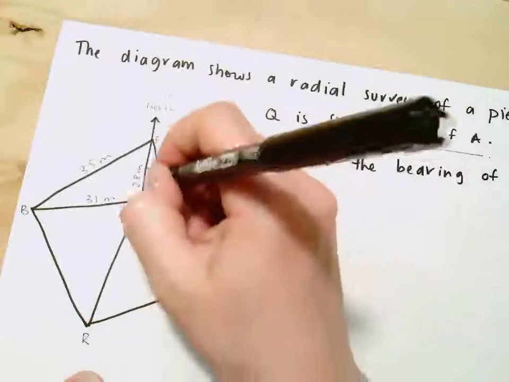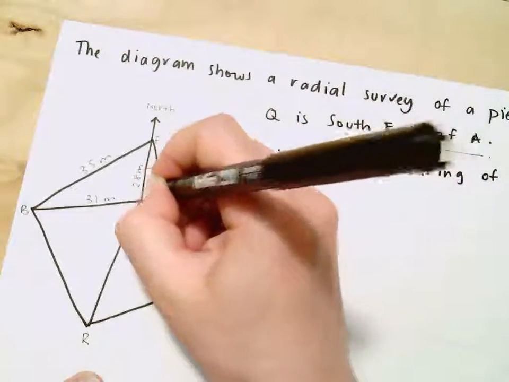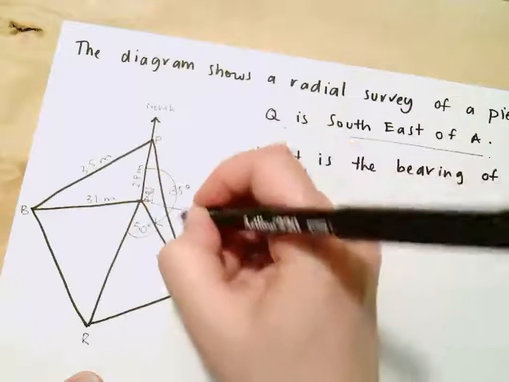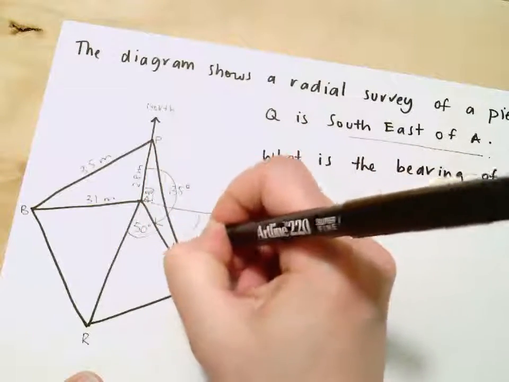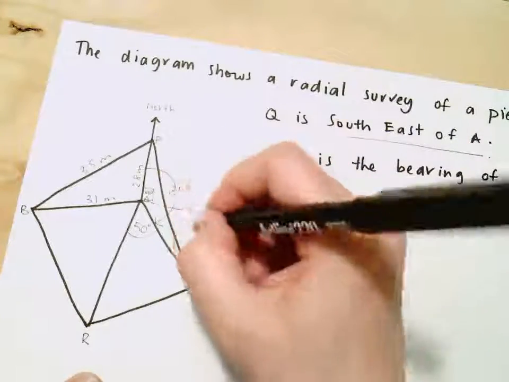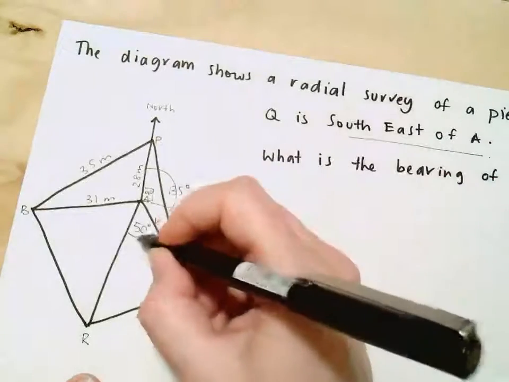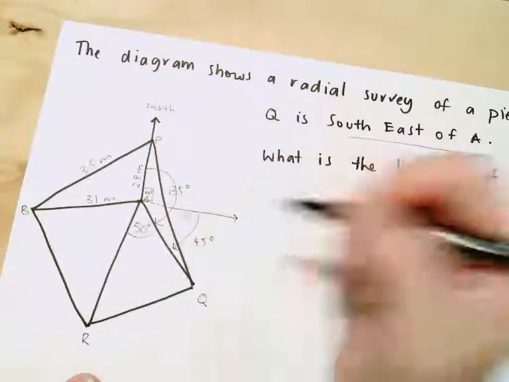Another way of seeing that is that if I know that this was 90 degrees from north to east, and I know that this bit must be 45 degrees because it's southeast, then I could add the 2 together, 90 plus 45 to get 135. Then of course I was given this bit that was 50.